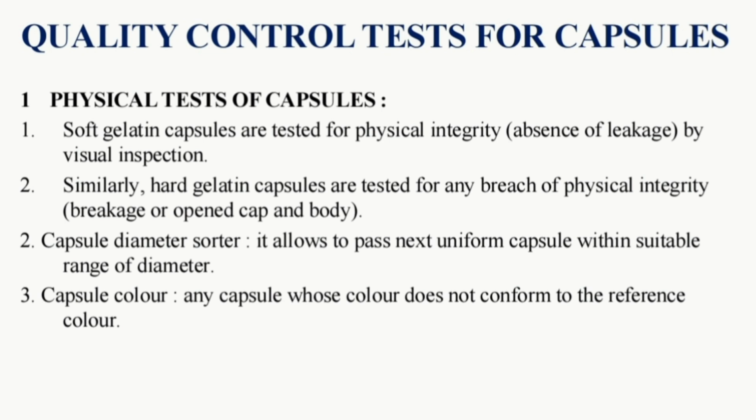Then the capsule diameter sorter will allow us to pass the uniform capsules within the suitable range of the diameter. Capsule color: any capsule whose color does not conform to the reference color. These kinds of things should be tested in the physical test of the capsules.